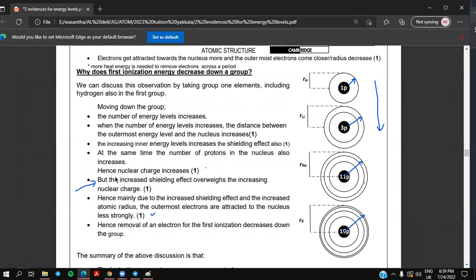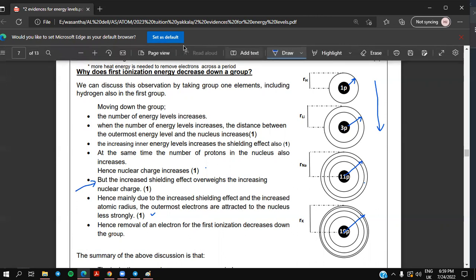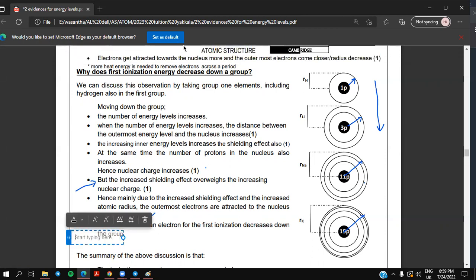Hence, removal of an electron for the first ionization decreases down the group. Now, there are so many things. You may wonder whether we have tried everything for the mark. No. Shall we try to pull all this information and write a simple answer? Not simple, it's the same thing, but without this many points.